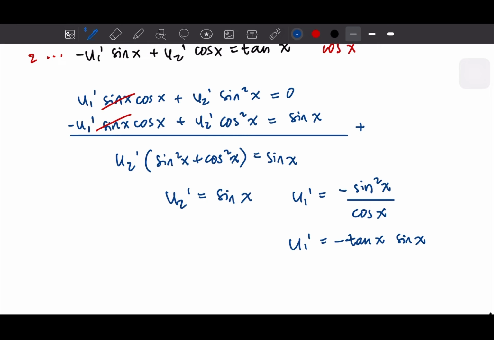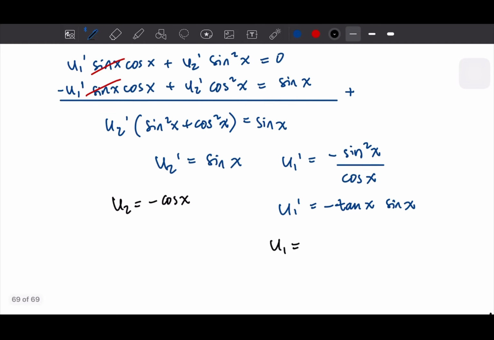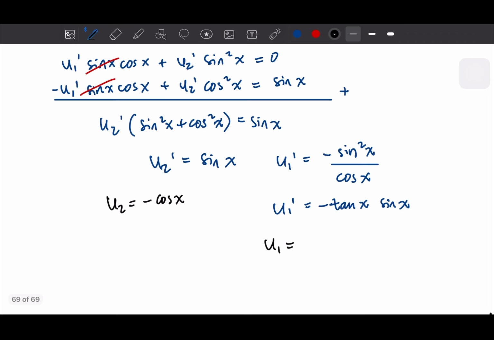Okay, now these are the derivative forms. What we need to look for is u2. u2 is negative cosine x. And u1, we need to do some derivative integrations, but I already wrote the answer for you, so you don't need to worry about that.